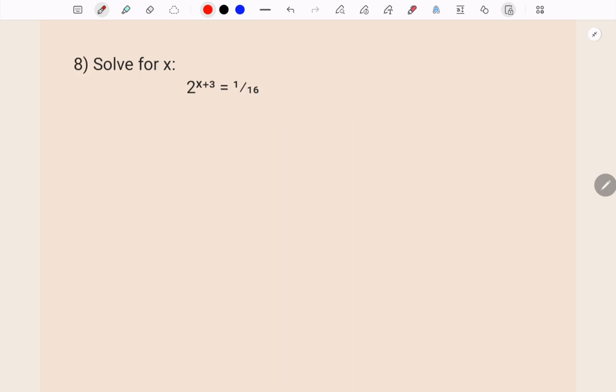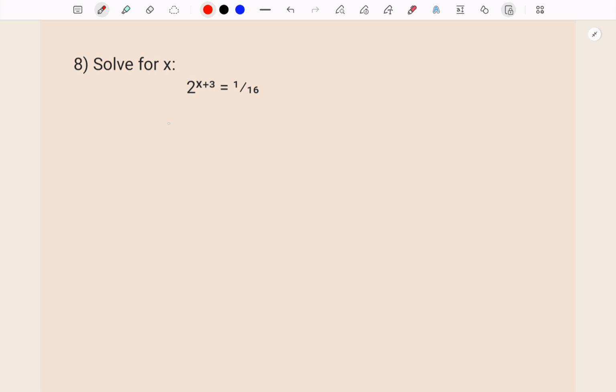Now this next question we have is quite similar to the previous question that we just solved. So here on the left hand side we have 2 raised to the power of x plus 3, and that is equal to 1 over 16, and we need to find the value of x. So remember what I said in the previous question.